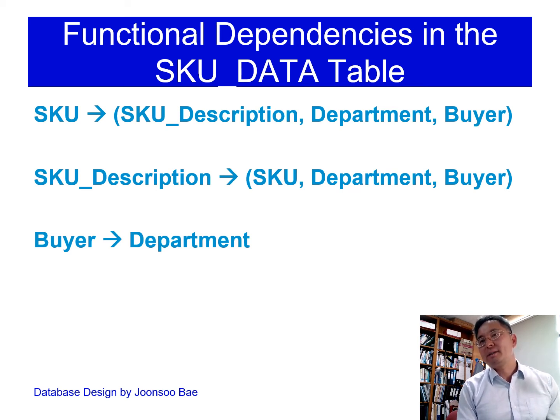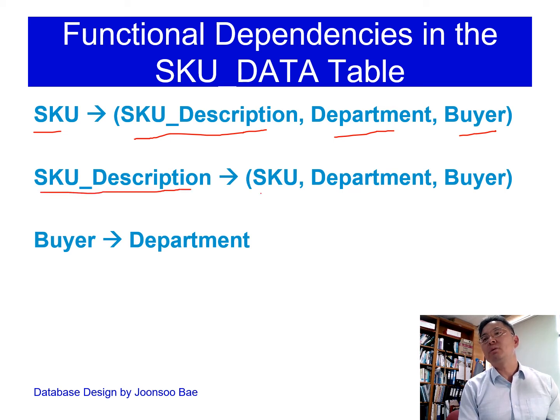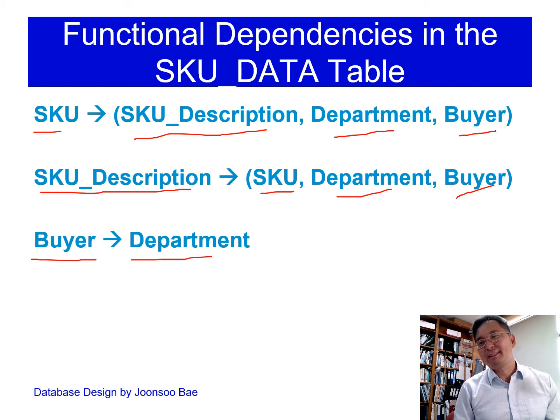So SKU will determine every other column, SKU description, department, and the buyer at the same time, and SKU description will determine also every other column here, and especially buyer will determine department also. Yes, it's a very important identification here.